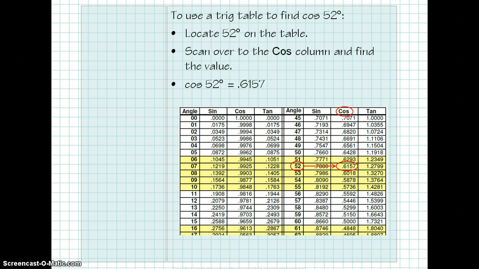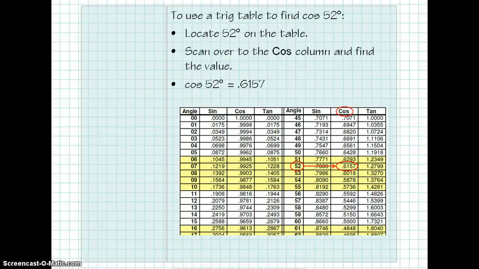Now a trig table. I will give you a trig table to keep with you just in case something weird happens and you don't have access to your phone, or if you've got a phone like mine that's kind of silly and won't do the inverse ones we'll talk about in a minute. This is the way for hundreds of years people did trig, they used a trig table because we didn't have calculators.